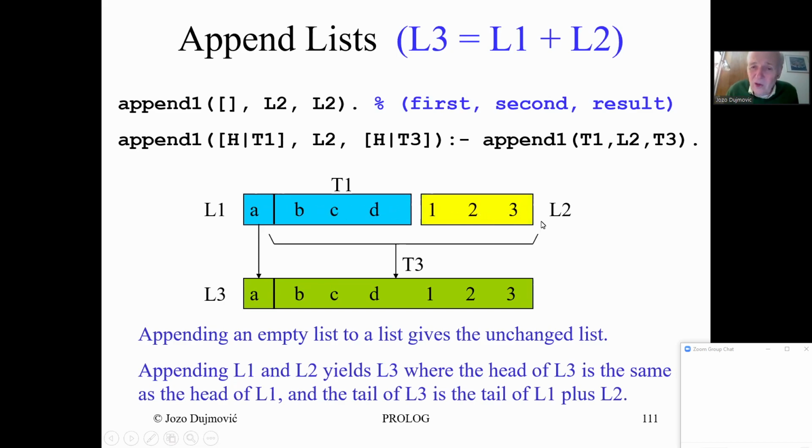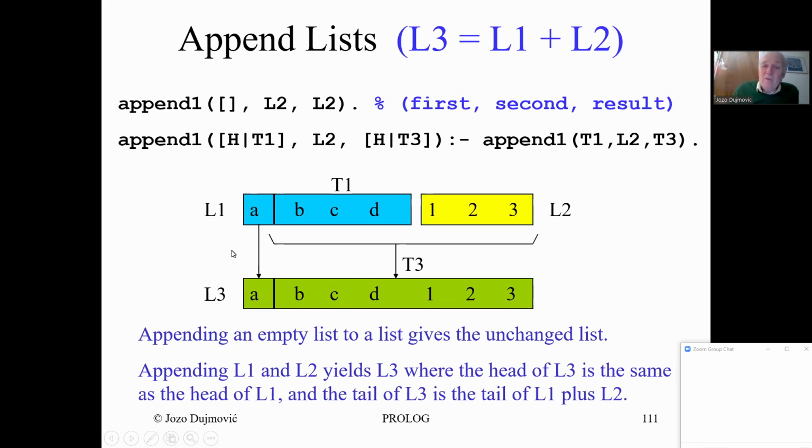We want to merge together these two lists to get the third list. When you match blue and yellow, you get the green one, of course. So what you have, A, B, C, D, that are components of the first list, and after that you have 1, 2, 3. So how to append these two components?